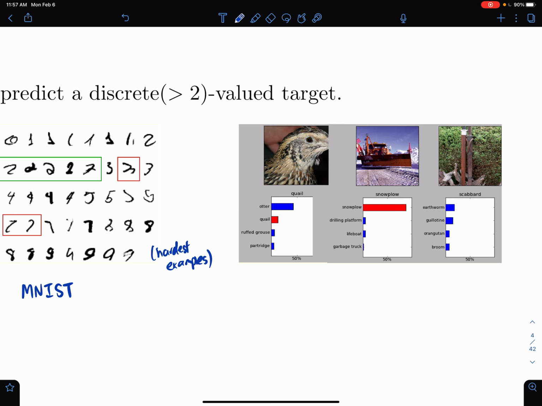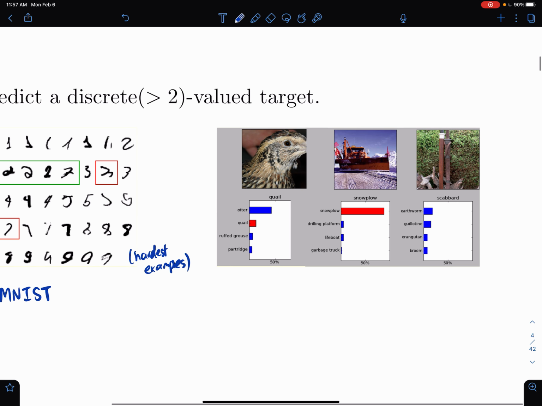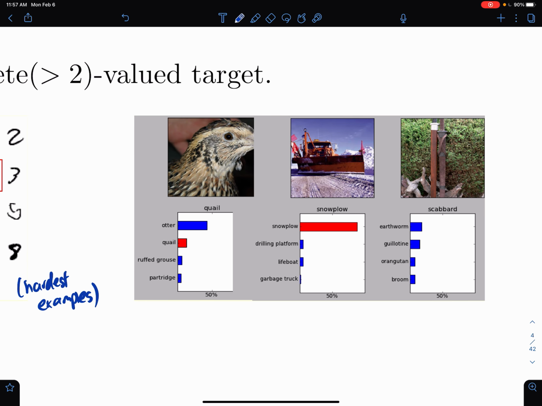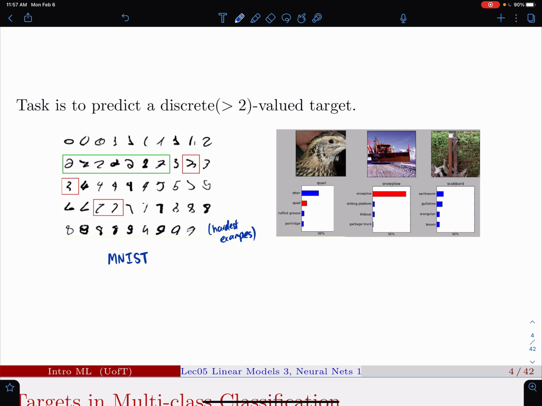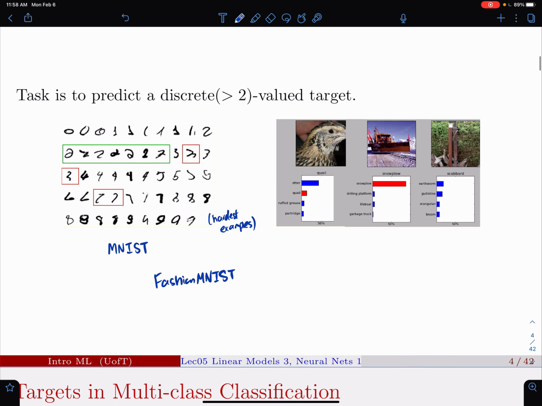We can also just do image classification more generally. So this set of examples are different images from various different classes, and the goal is to identify what class the image belongs to. There are many examples of classification data sets. There's a data set known as Fashion MNIST, which people designed to be identical to MNIST in terms of the sizes of the images, but instead of classifying digits, you're classifying what fashion item each of the images corresponds to.